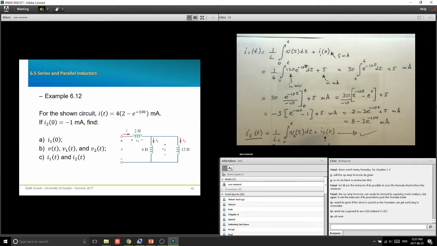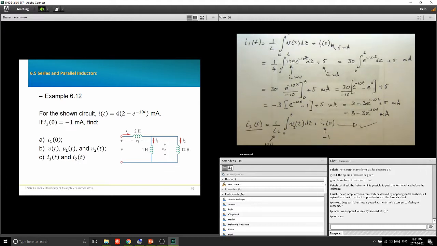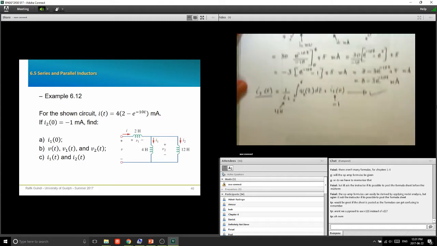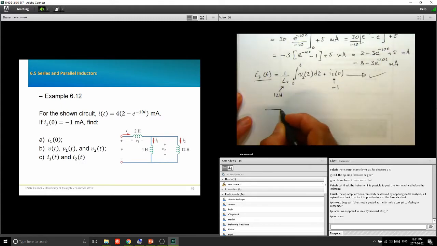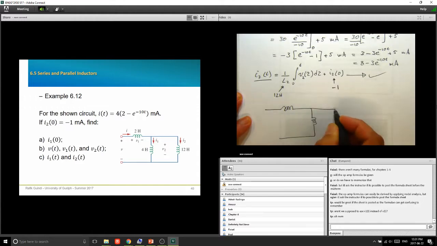You could say there's another way to do that. We could do a KCL on the original circuit. Because this is the total current I of t.